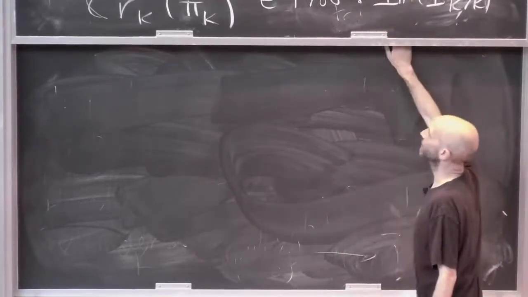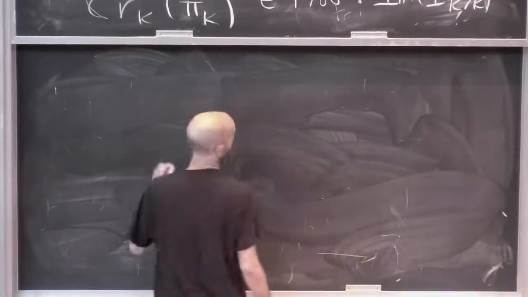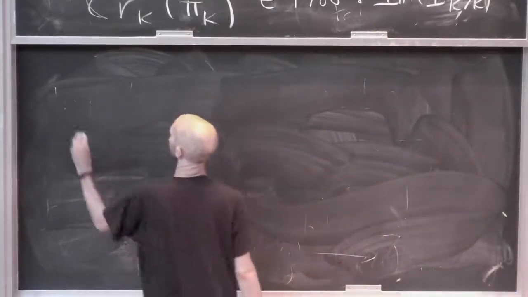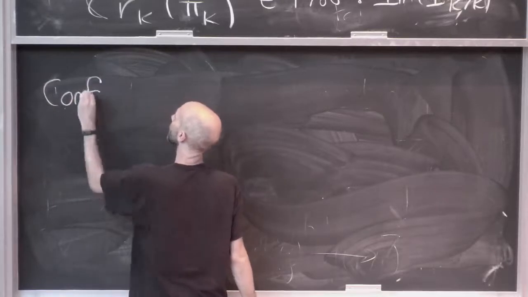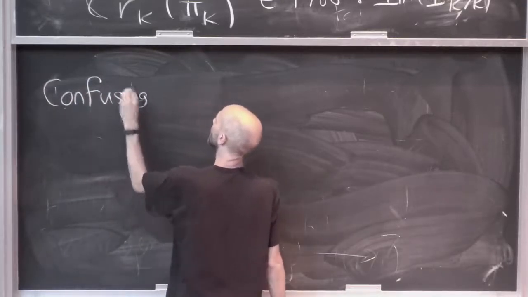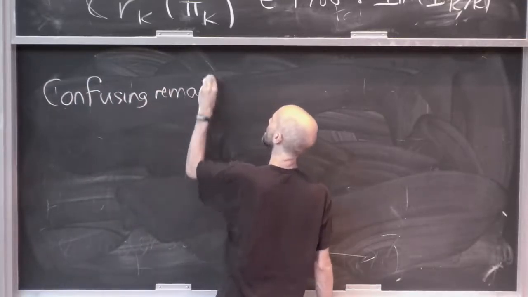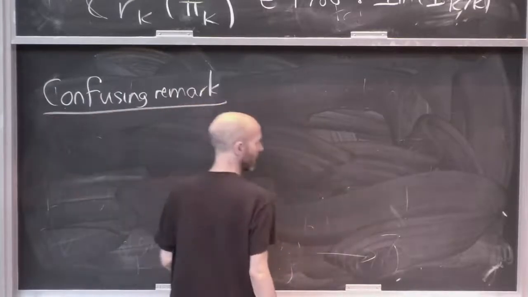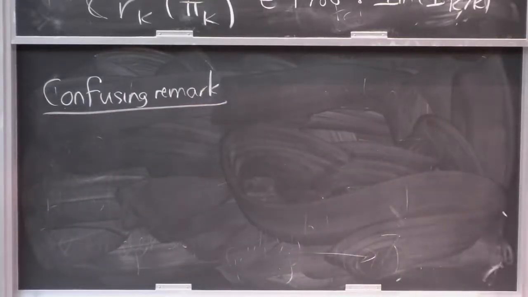But I am going to make a confusing remark. So before I write down some more properties of R_K, let me make some confusing remark. I really like the idea of things being canonically isomorphic, and one of the reasons I like it is because it's very difficult to write down a definition of canonically isomorphic.